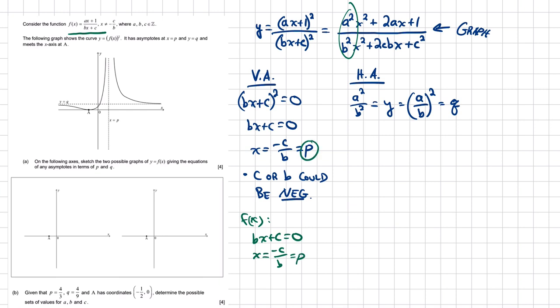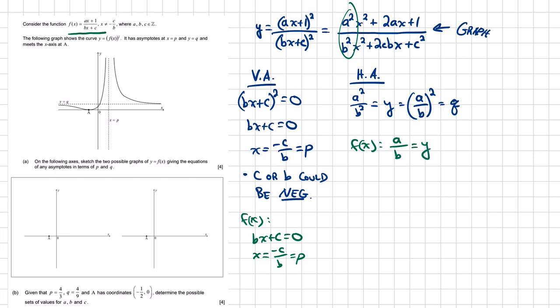That's the same thing that we found up top. Doing the same thing for my horizontal asymptote, looking at the equation of f of x, that horizontal asymptote, being the ratio of my leading coefficients, is going to be a over b.